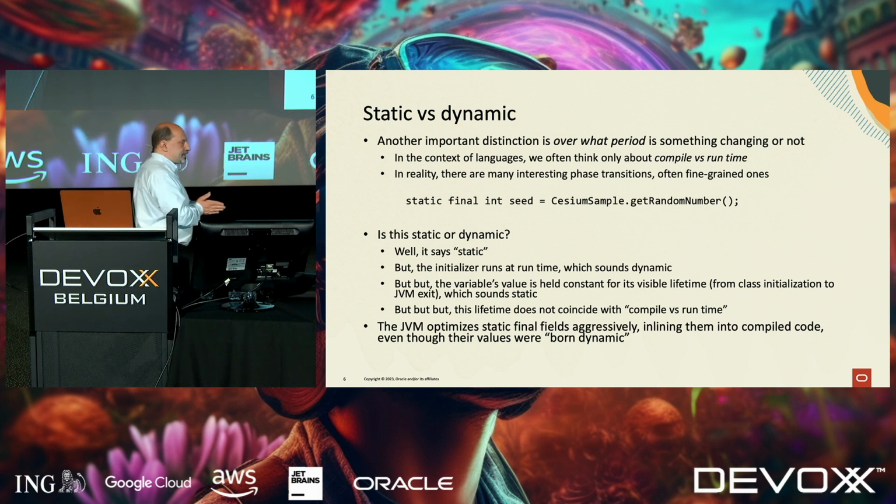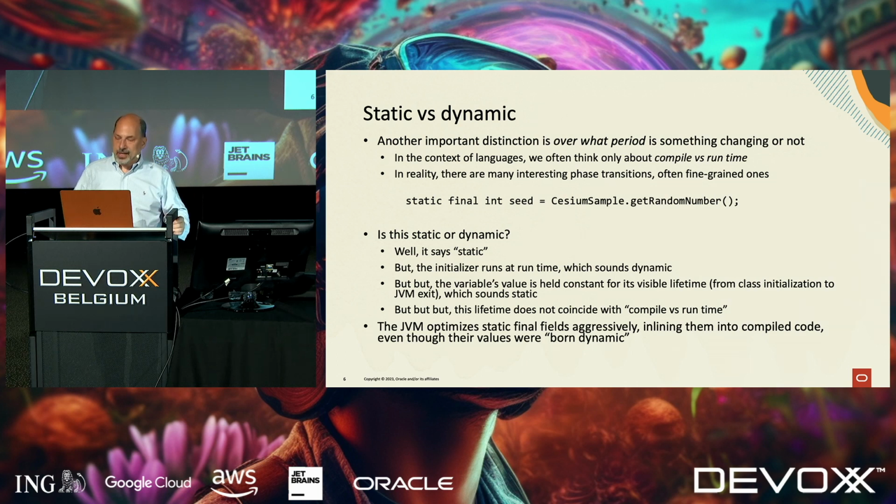So is that static or dynamic? Well, duh, it says static right there, right? Well, that's part of the story. But when does that initializer run, the get random number? That runs at runtime. That sounds pretty dynamic to me. On the other hand, the value of that seed is held constant for the entirety of its visible lifetime.